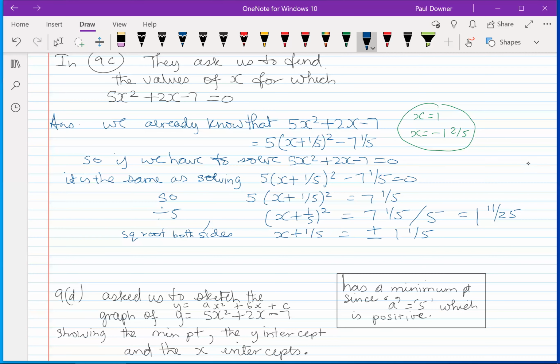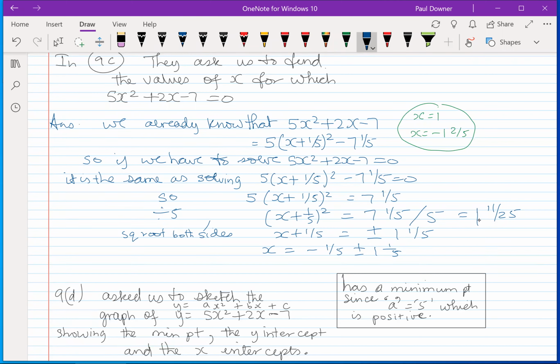So that's very important. And therefore, we could solve what x is by bringing this plus 1/5 over to the other side and changing the sign, or the real thing is you minus 1/5 on both sides. At the end of the day, you'll get x by itself on the left, and on this side you'll have the minus 1/5 plus or minus 1 and 1/5.